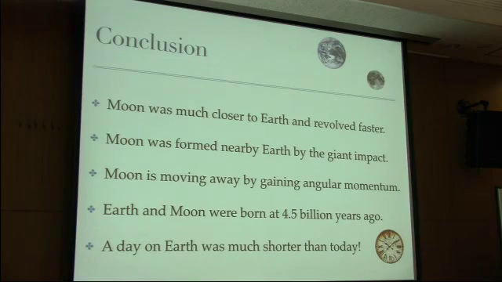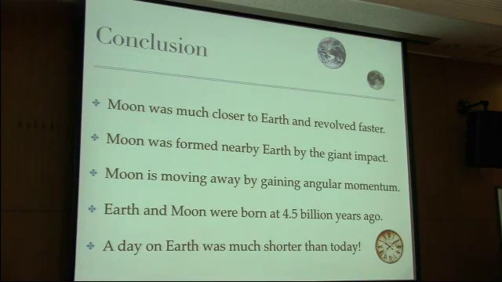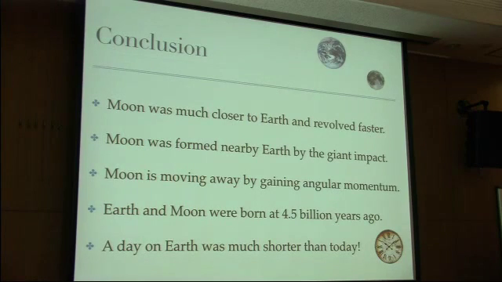The Moon was formed nearby the Earth by the giant impact. The Moon is moving away by gaining angular momentum. The Earth and the Moon were born at about 4.5 billion years ago. And the last message is a day on the Earth was much shorter than today. Thank you very much.